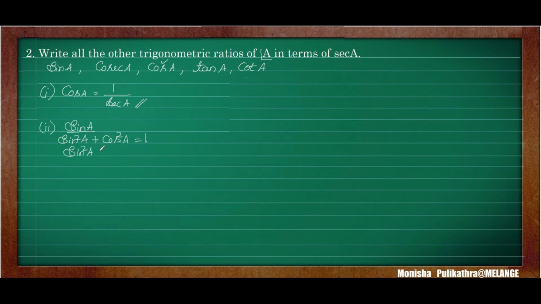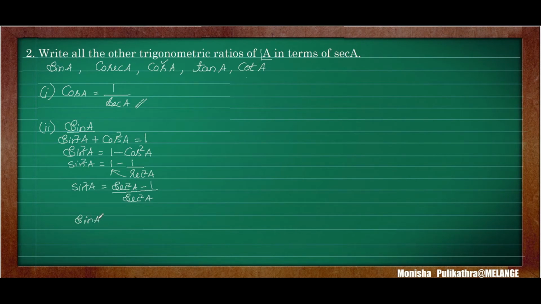Next, sin square A is equal to, shifting cos square A to this side, 1 minus cos square A. We know that cos A is equal to 1 by secant A, so cos square A is equal to 1 by secant square A. So by LCM, we get sin square A is equal to secant square A minus 1 whole divided by secant square A. Next, I will shift this square to this side, so it becomes square root.